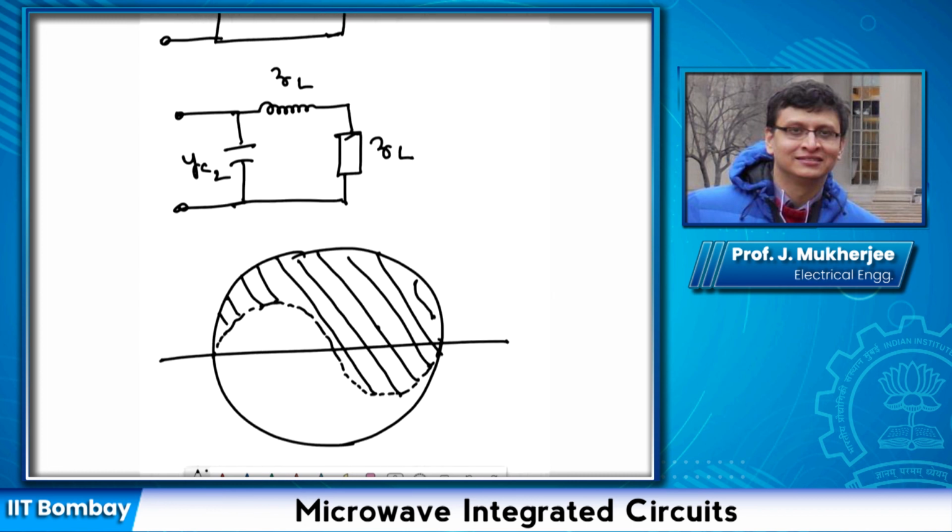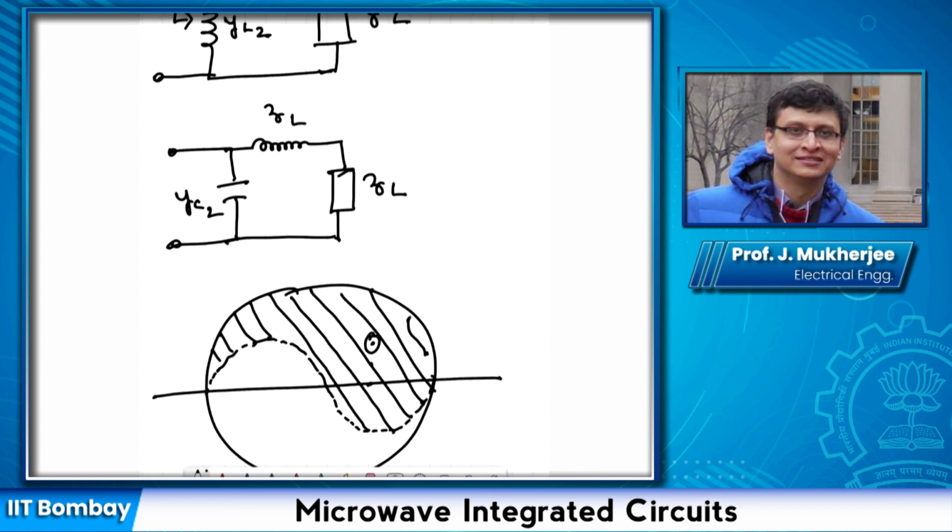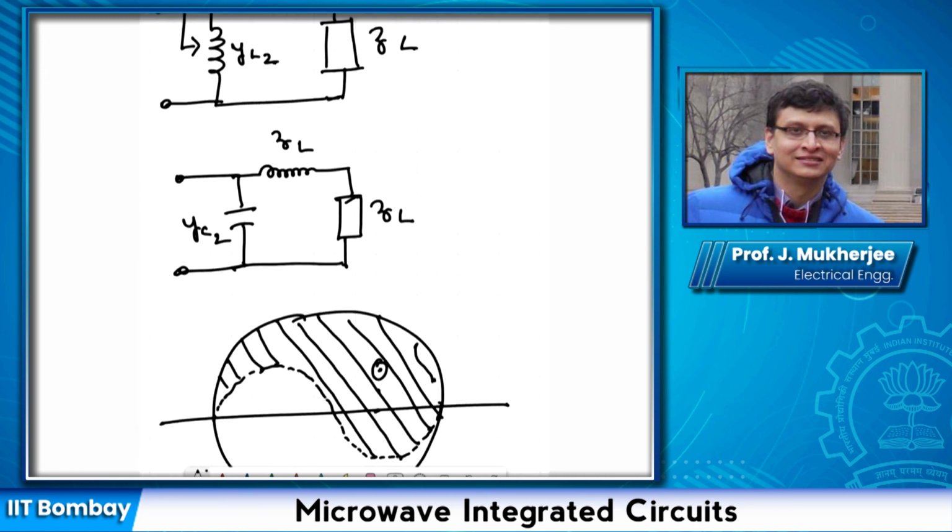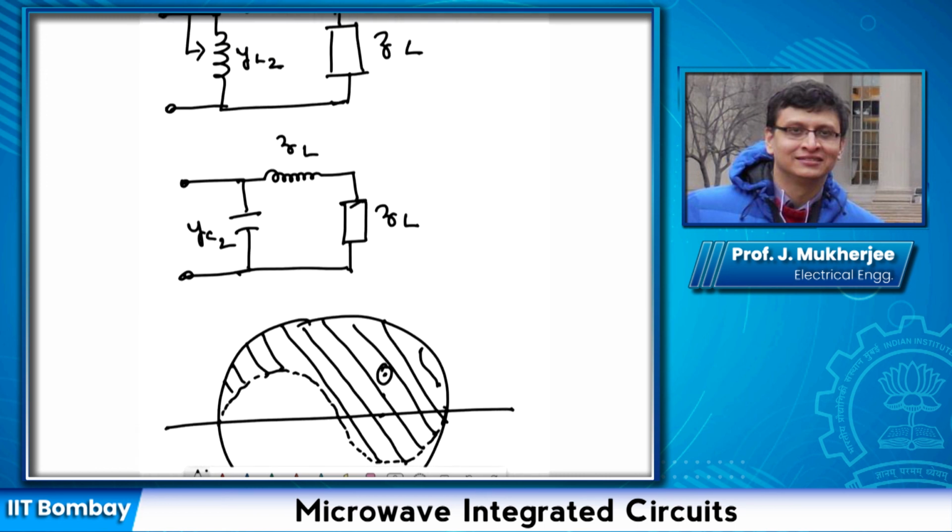Now for example, let's say you are at this point and you choose either of these two circuits. You see that in both of these circuits we have a series inductor. The series inductor means we have to go upwards, right? Now if we go upwards, we can never reach any constant conductance circle.